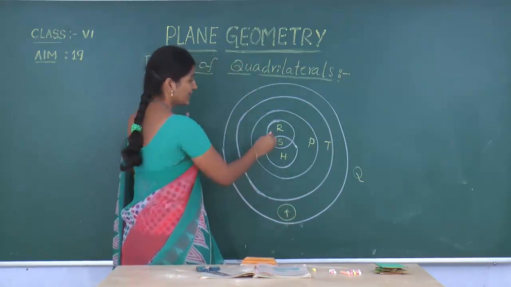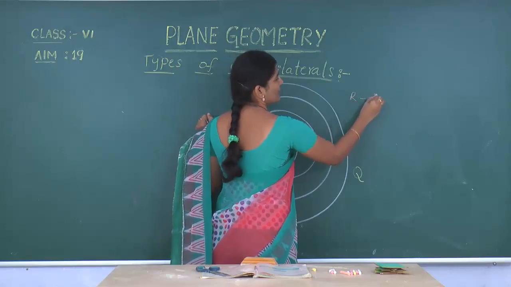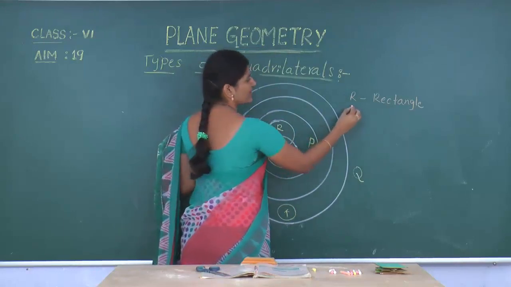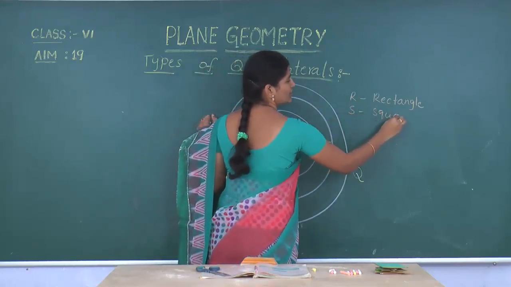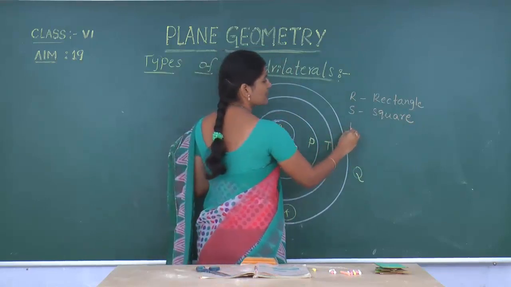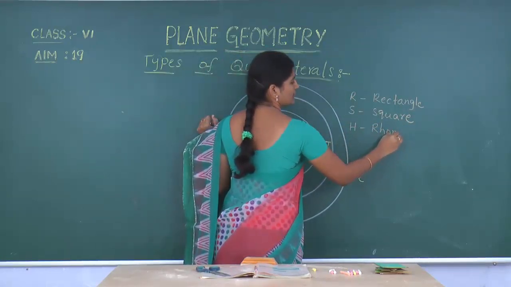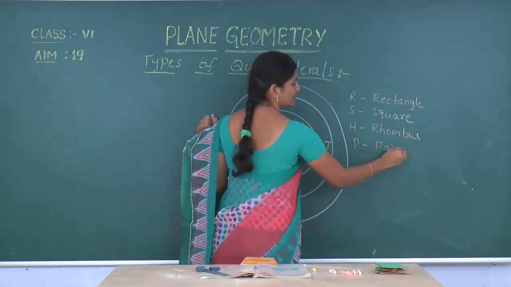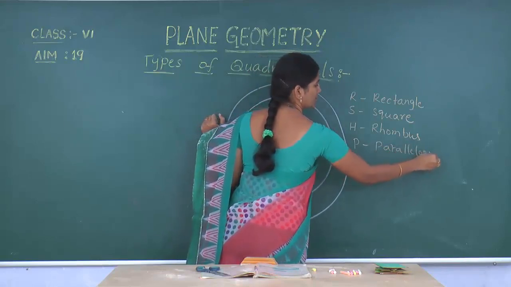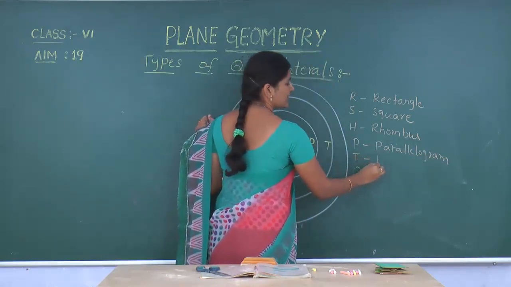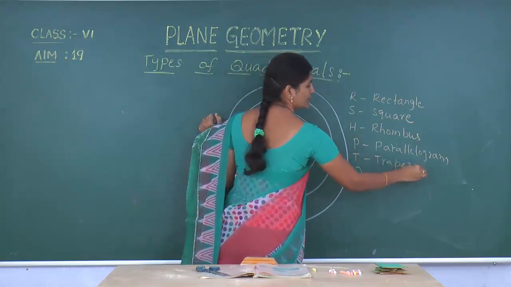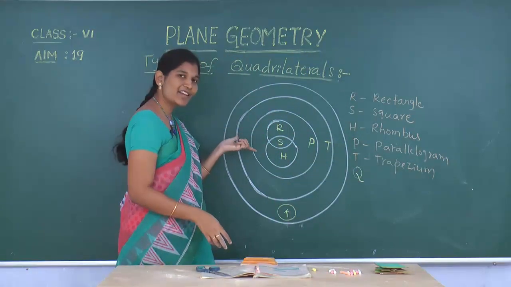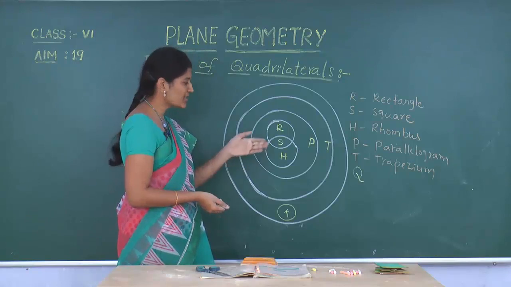Now observe, here R represents rectangle, S represents square, H represents rhombus, P represents parallelogram, and T represents trapezium, whereas Q represents quadrilateral. Now what can we understand according to this diagram?